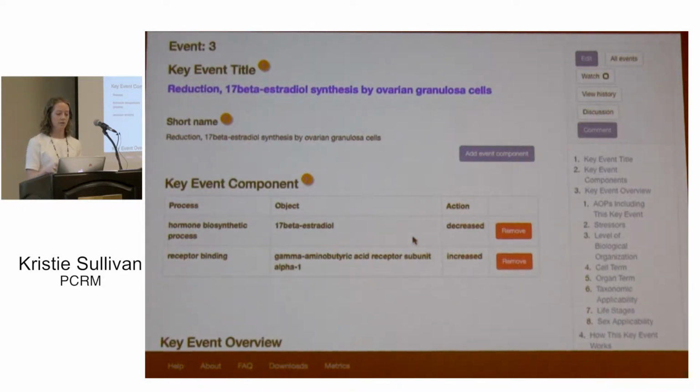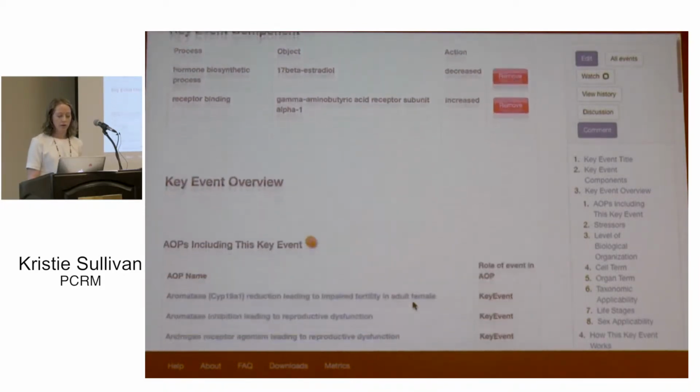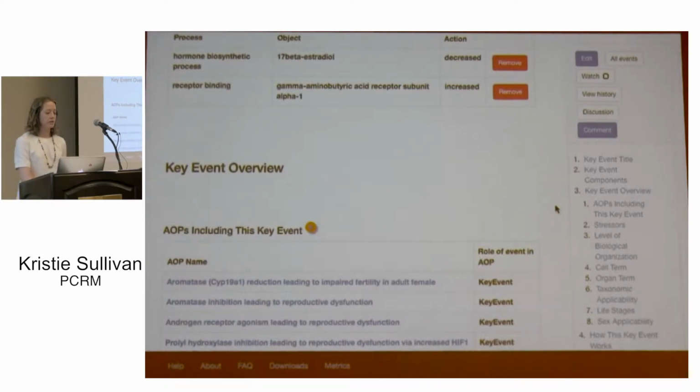Instead of just typing in decreased 17 beta estradiol synthesis, you have beta estradiol as the object and decreased as the action. If you don't have this information or you don't know what it is, it's okay to leave it blank. We're trying to collect what we know, right?